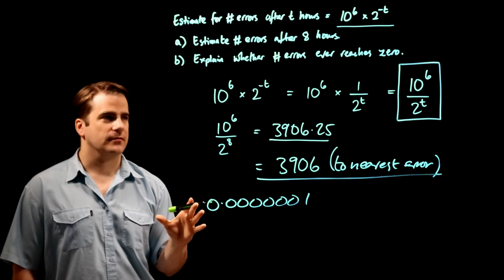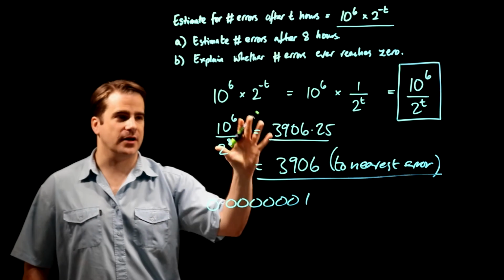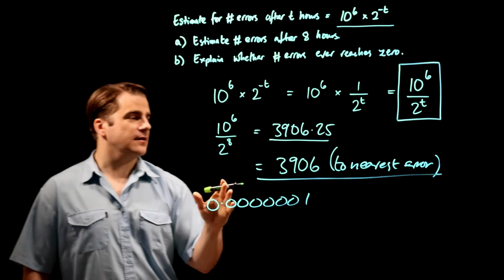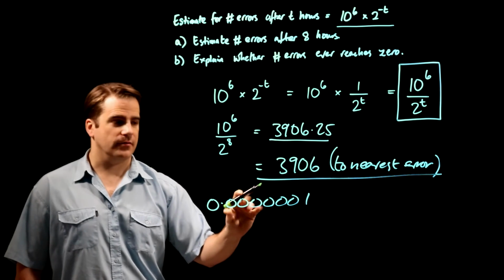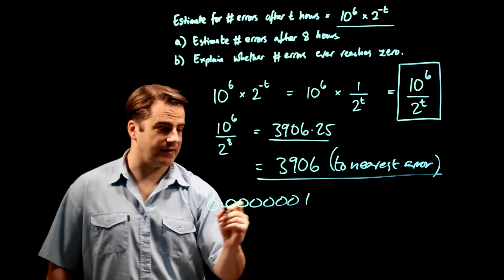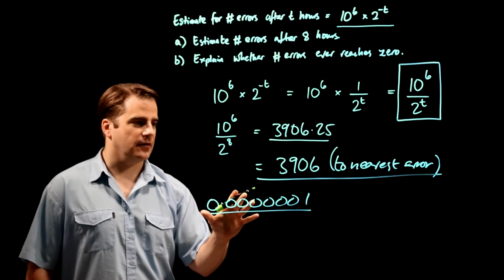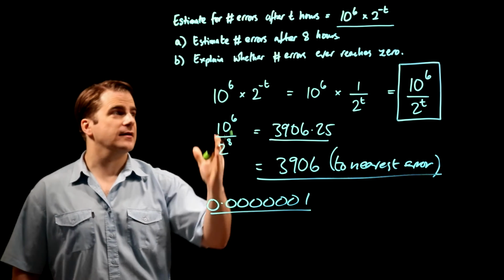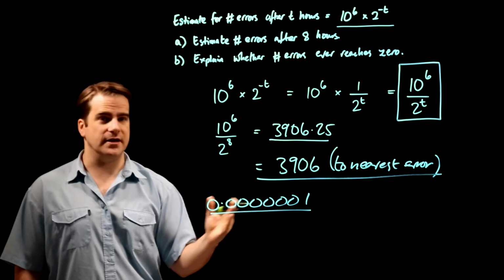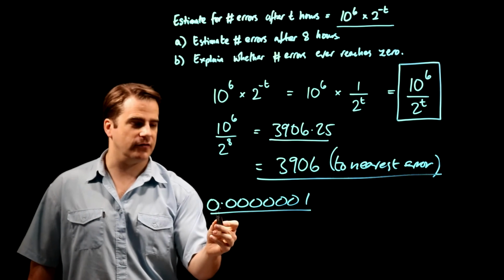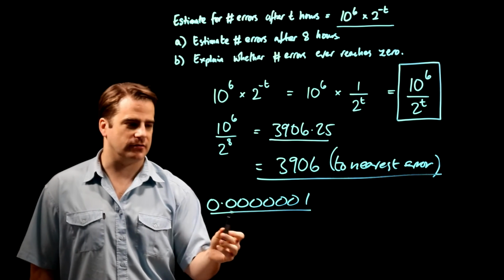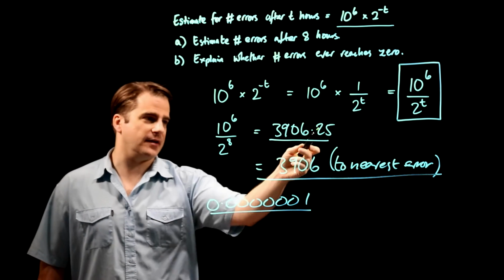So, this is why you can say yes or no. You can say no, it doesn't reach 0, because no matter how big t gets, the estimate is always non-zero, and that's fine, you'll get the marks. On the other hand, you can say yes, the number of errors does reach 0, because you can't have a fractional error or part of an error, like here.